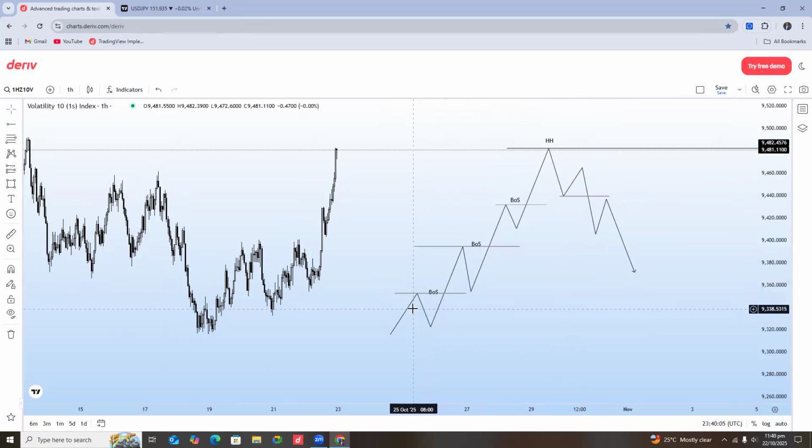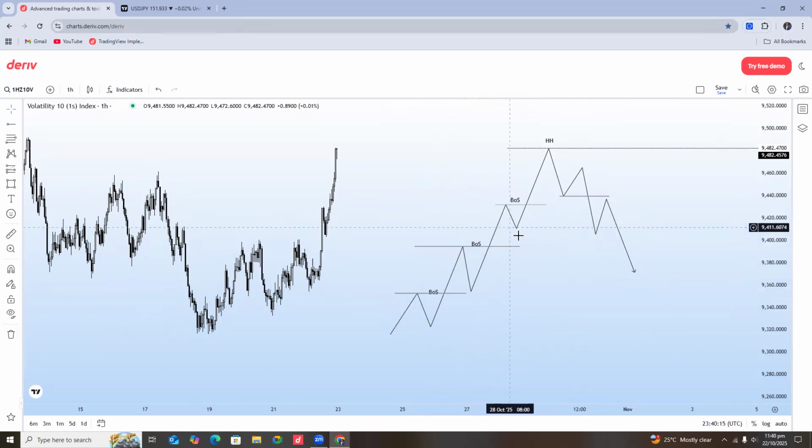So we have seen that when the market is in an uptrend, when it's going up like this, whenever it breaks a high, we call it a break of structure, break of structure, break of structure. But now we can see that there is a shift in market structure. It has changed from an uptrend to a downtrend. And what we have here is what we call a change of character.